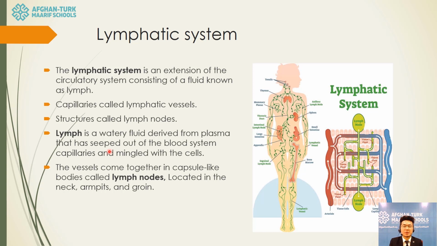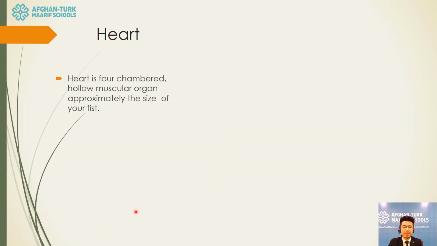The vessels come together and make capsule-like bodies which are called lymph nodes. Lymph nodes are mostly located around our neck, in our armpits, and in our groin. We have two types of lymphatic cells, which are B lymphocytes and T lymphocytes.